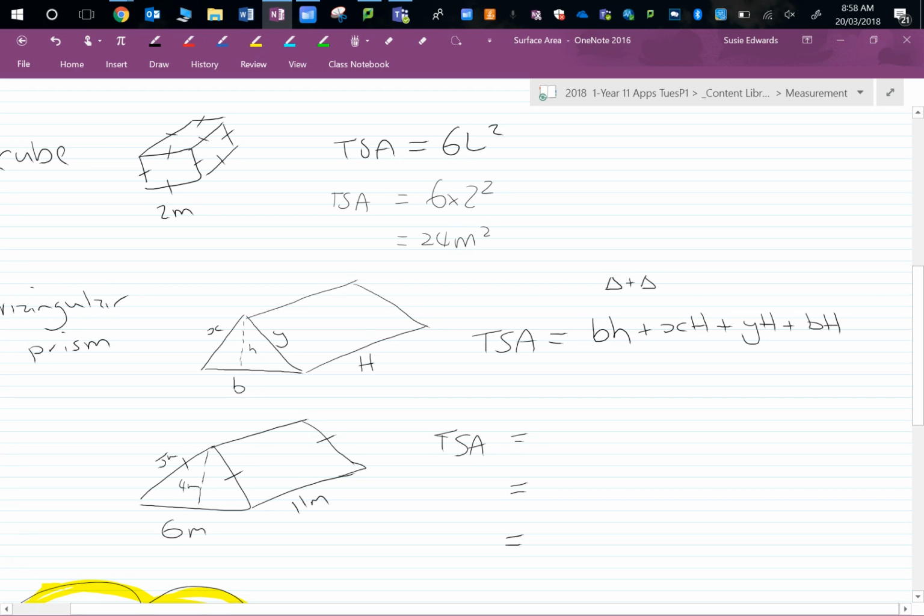So you can just go base times height, which is your 2 triangles, plus x times h, which is one of your rectangles, plus y times h, which is one of your other rectangles, plus b times h, which is that base rectangle. I keep saying triangle, sorry. Rectangle, rectangle, rectangle.